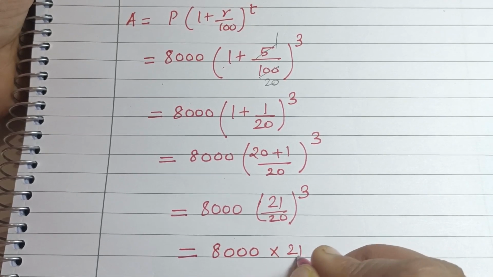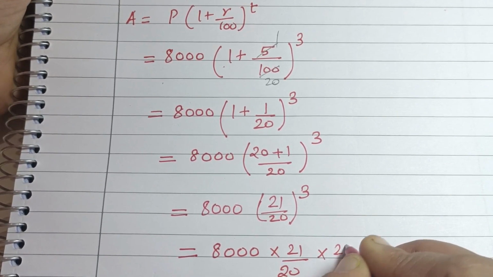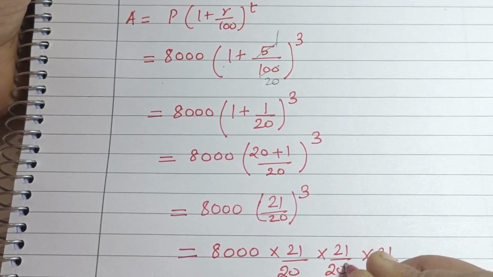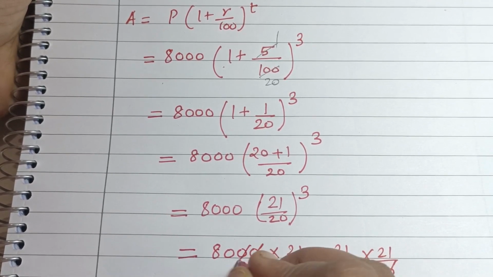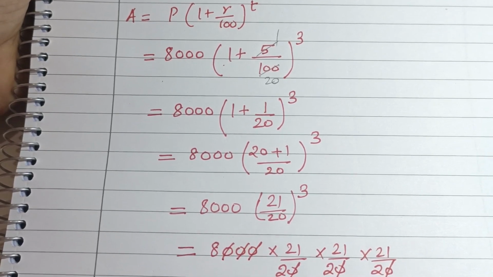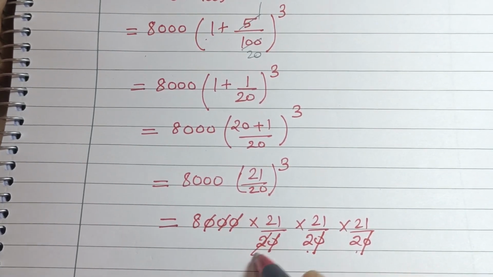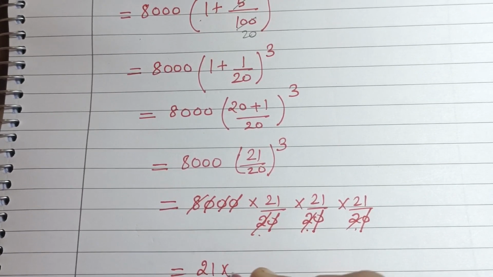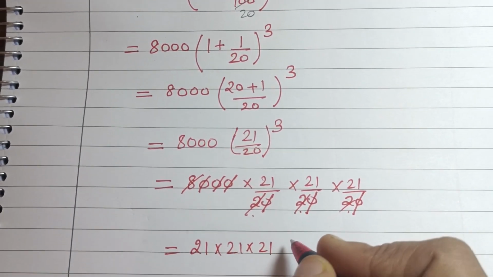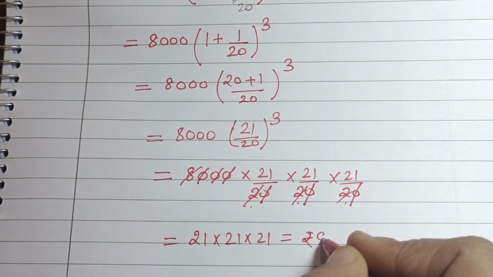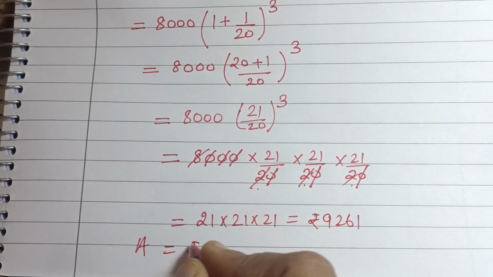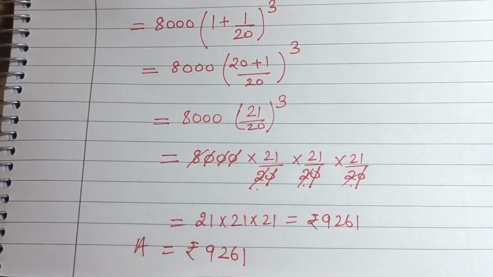Now all three zeros will cut. 2 2s are 4, 4 2s are 8, so all 2s will also cut. What is left? 21 into 21 into 21, whose value is 9261. So the amount you got is rupees 9261.